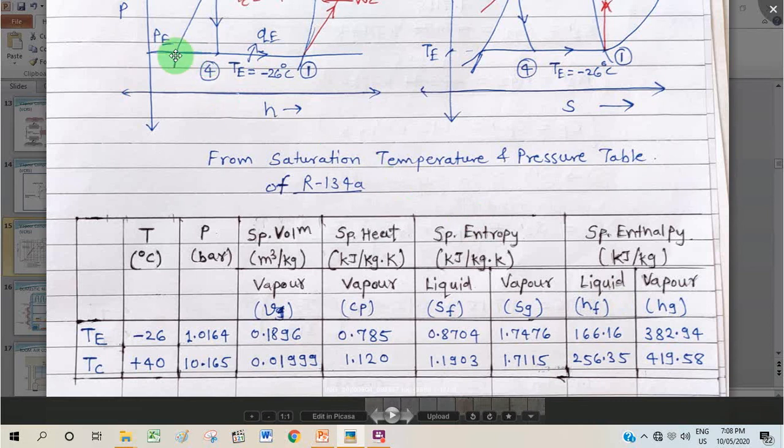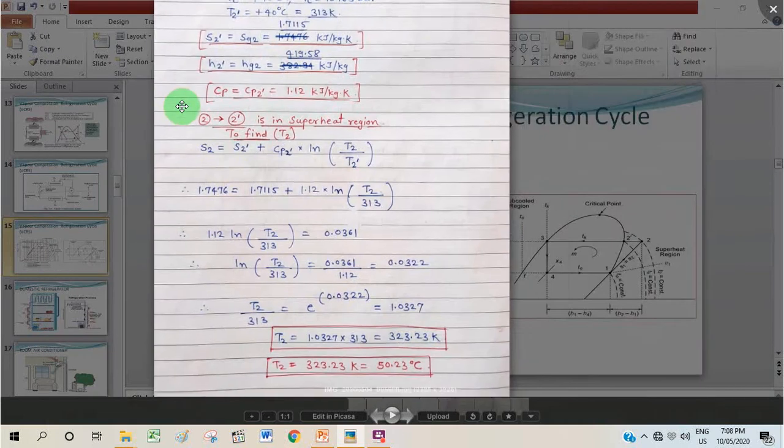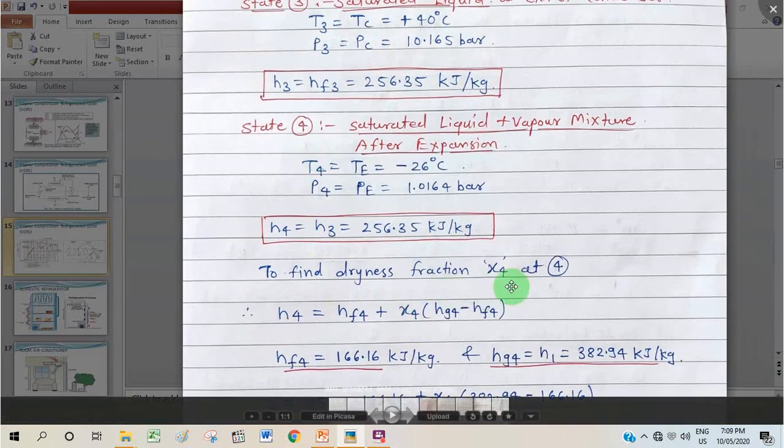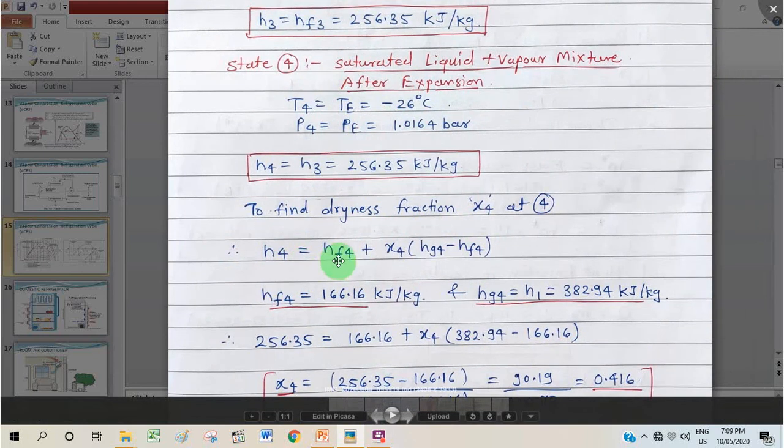The difference between Hg and HF will be the latent enthalpy, and its correlation is given like this to find the dryness fraction: H4 equal to HF4, that is liquid enthalpy, plus X4, dryness fraction, into Hg4 minus HF4, that is latent enthalpy. H4 is known, since H4 equal to H3, so this part is known. HF4 we obtain from the table, Hg4 put from the table.